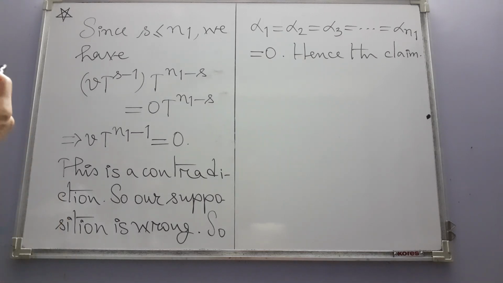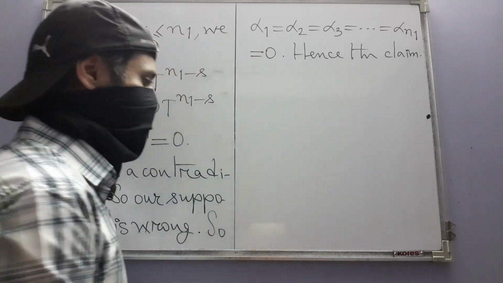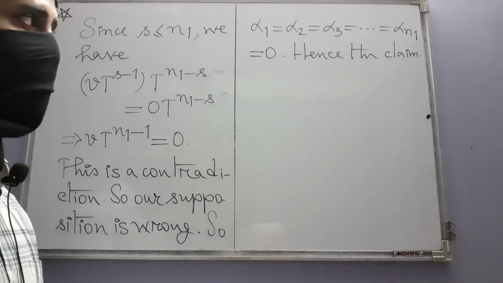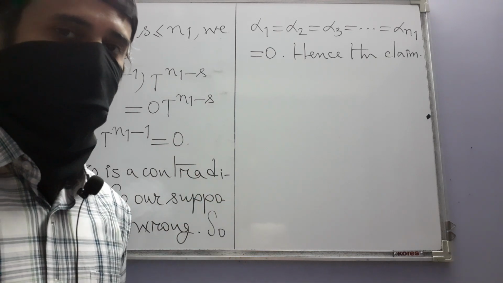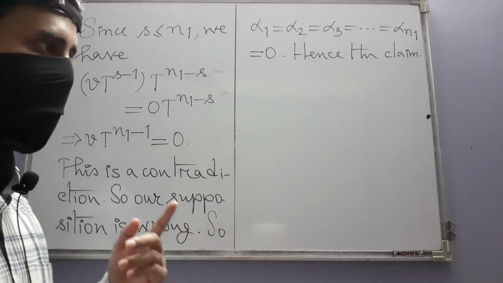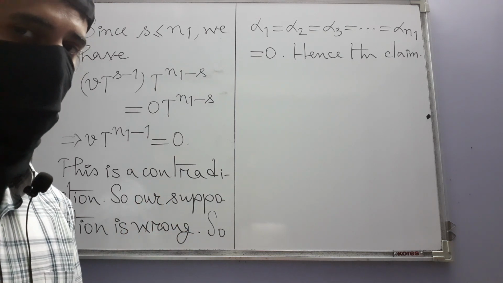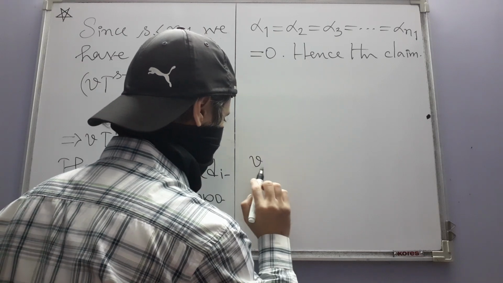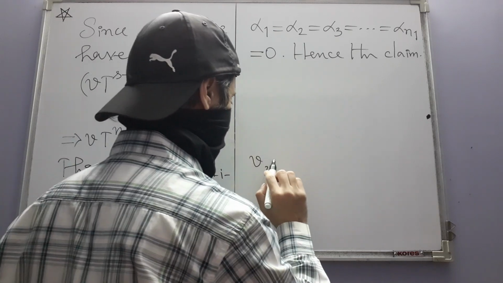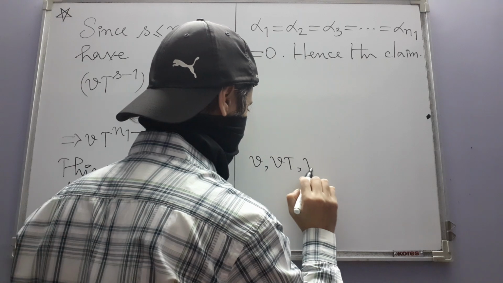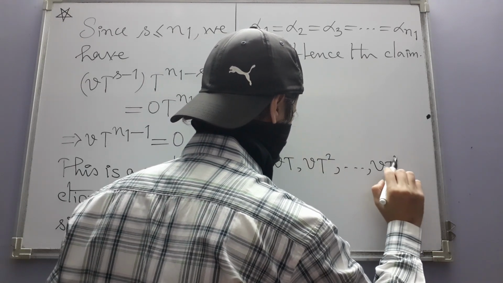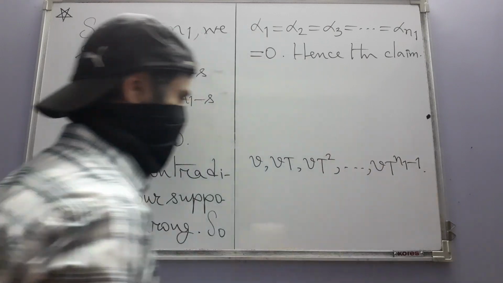All right. Okay, now what are we going to do with this linearly independent set? We are going to span a subspace of V with them. Oh, and by the way, how many vectors were involved? Let us recall what the vectors were: V, Vt, Vt squared, and so on up to this.